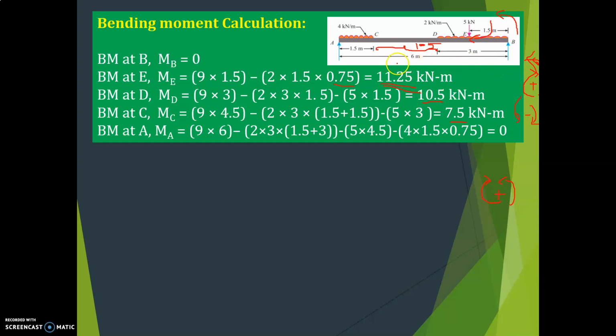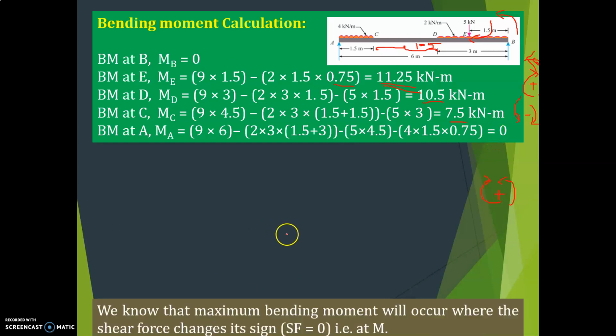RB is 9, 9 into 6 minus 5 into this distance, 4.5, minus 2 into 3 into half of 3 is 1.5 plus the distance 1.5 plus 1.5. Minus 4 into 1.5 into half of that, 0.75. So you get this equal to 0.